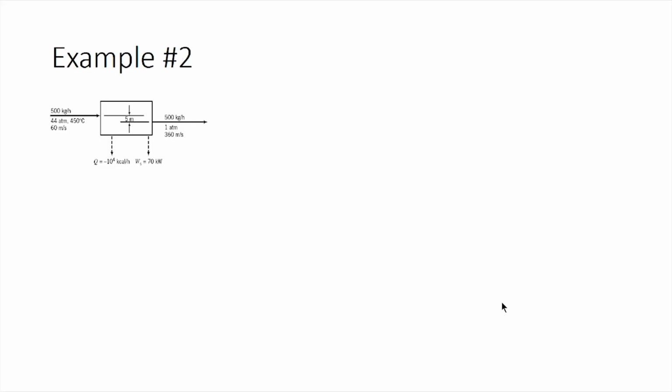Similarly, we can calculate change in potential energy as delta Ep dot, which would basically be m dot g times (z out minus z in). So, here there is a drop of 5 meters, which means z out is 5 meters below the z in. So, you have a negative 5 as the change in the height.